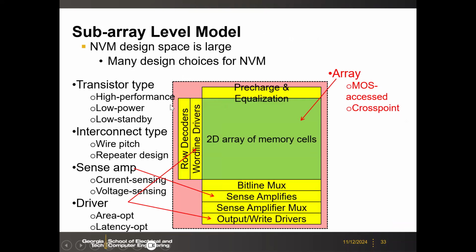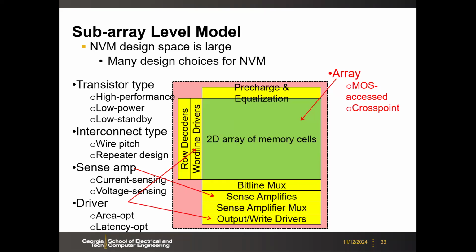Okay, for example, for the transistor, if it's embedded with the logic, then the logic could have high performance transistor, low power or low standby power transistors. So the like the VTH, on state, off state, currents are all different, right? And then the sense amp, right? We have the current sensing, voltage sensing, and we have the analytical equations discussed earlier, right?